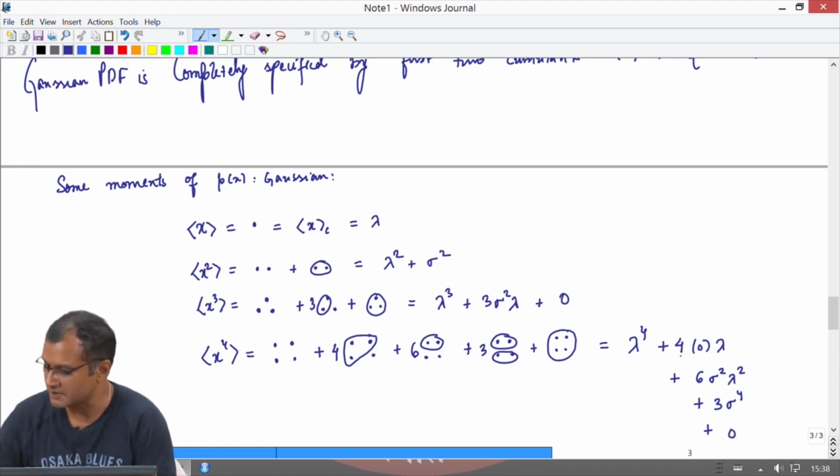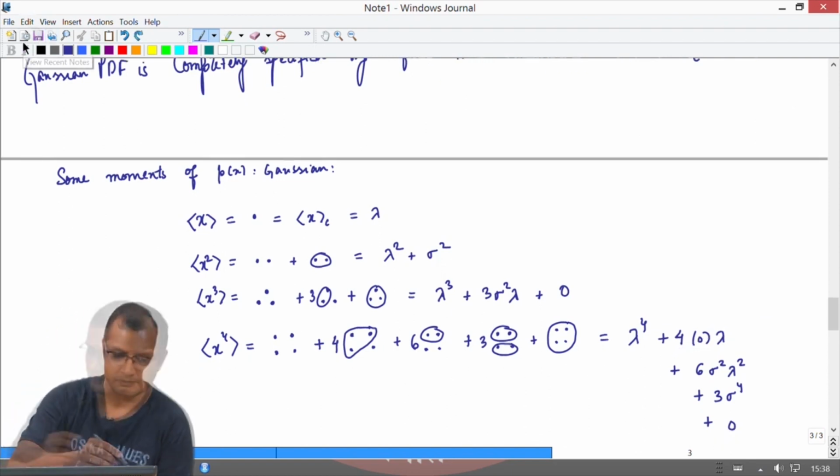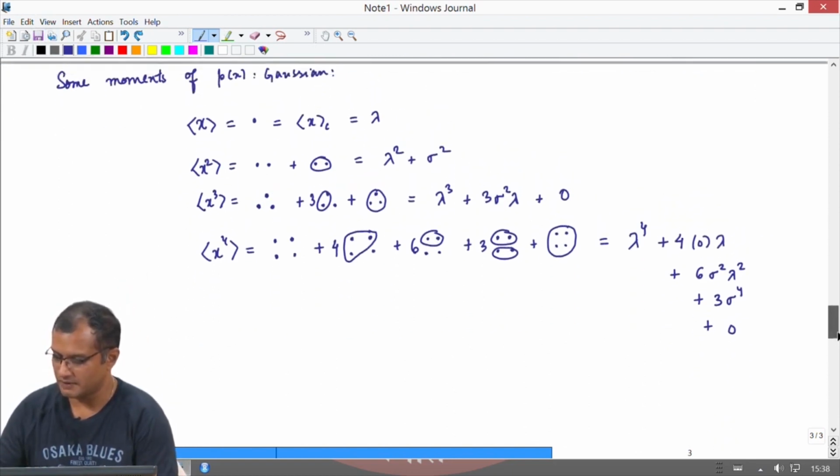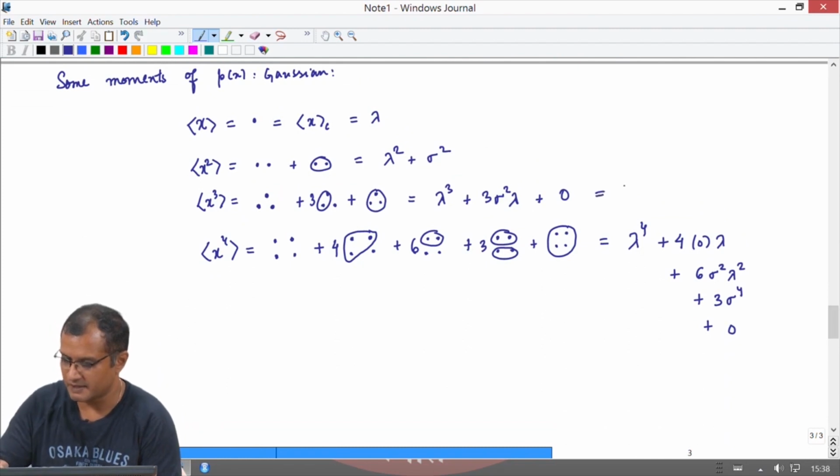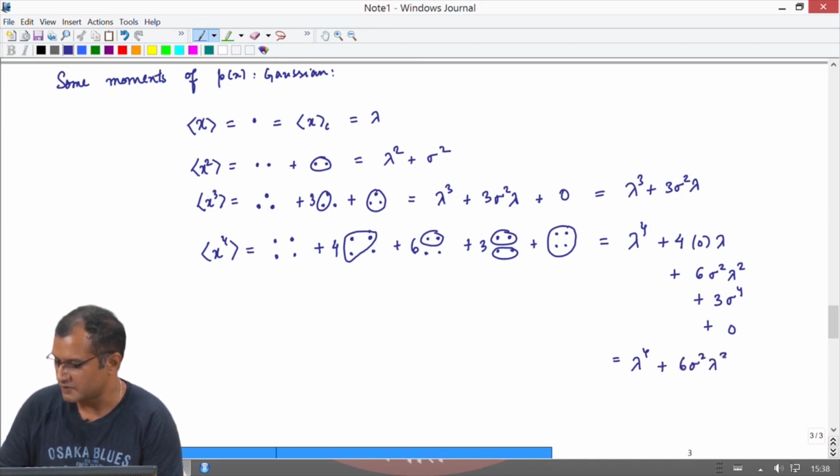So, these 2 terms are 0. Basically, you can simply write this as lambda cube plus 3 sigma square lambda, and here you can simply write down lambda 4 plus 6 lambda square sigma square plus 3 times sigma to the power 4.